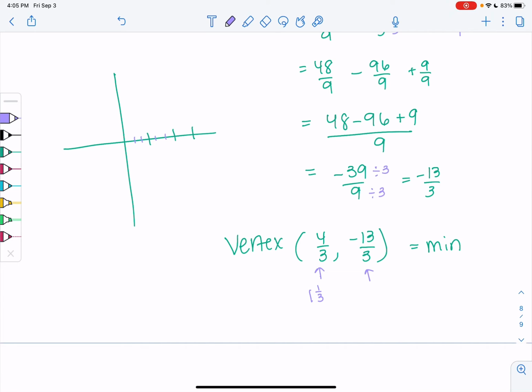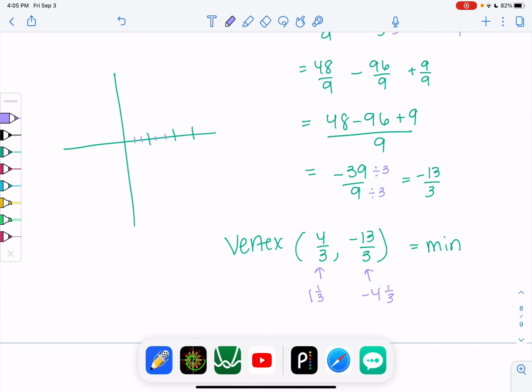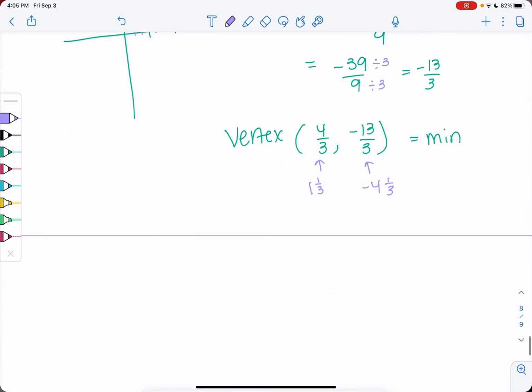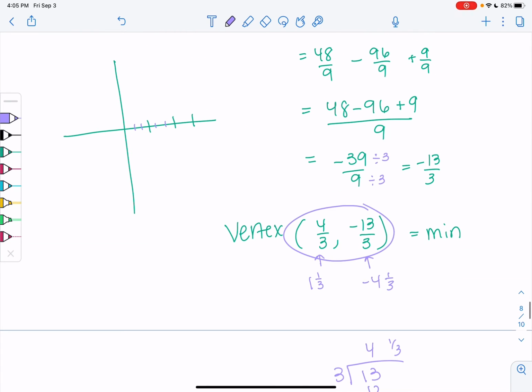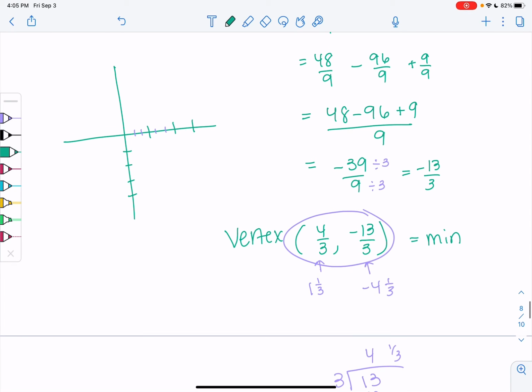I think it would be negative 4 and 1/3, right, because 3 goes into 12. So that's just to help us graph. Again, we prefer improper fractions. So it'll be a little bit past negative 4.